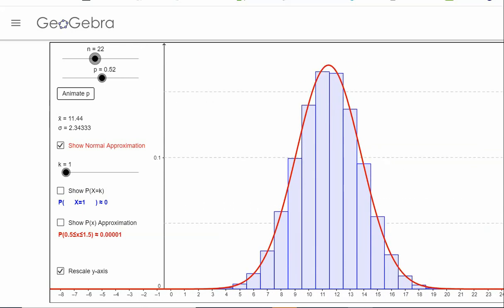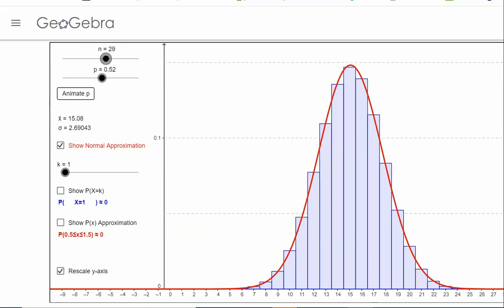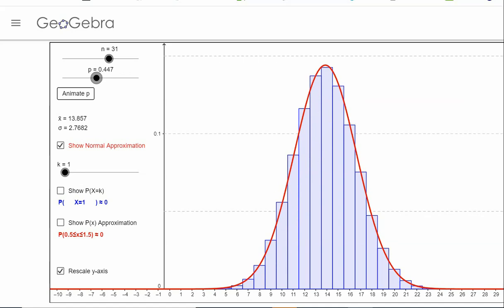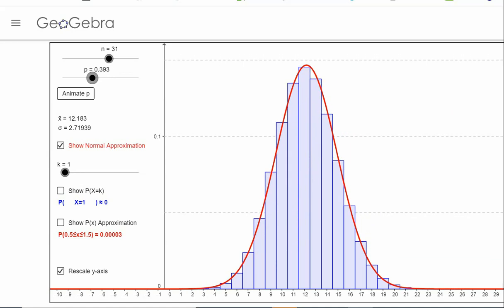So if we drop it down to say 30, let's see what that looks like. It's not too bad if you're comparing the middle of the bars. It's still looking like a pretty good fit, even though these bar heights aren't as symmetrical as they were. And if we take the probability down, you can see it's slightly missing, but it's not bad.